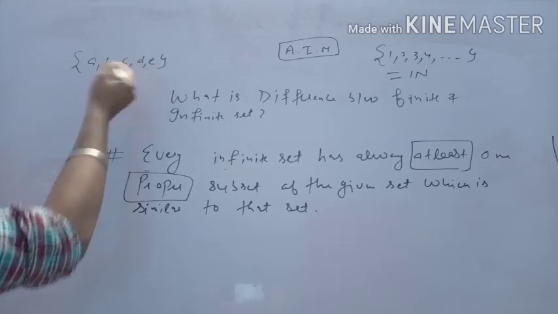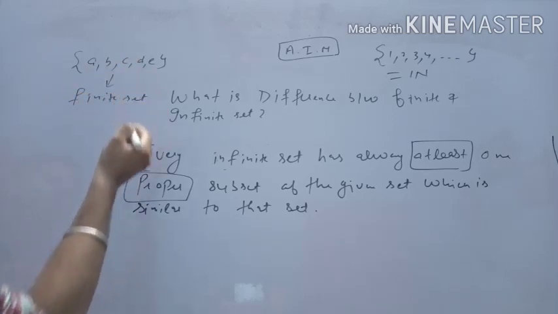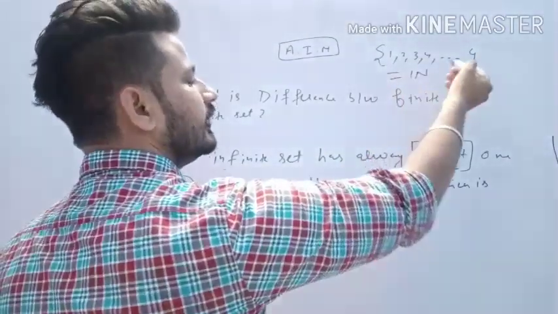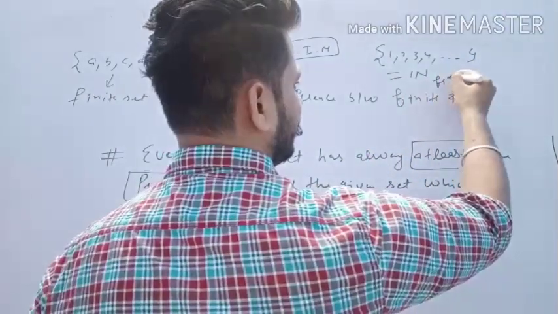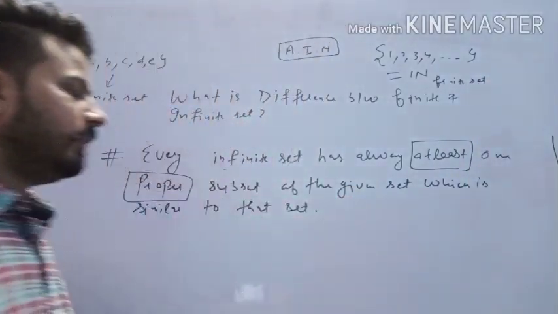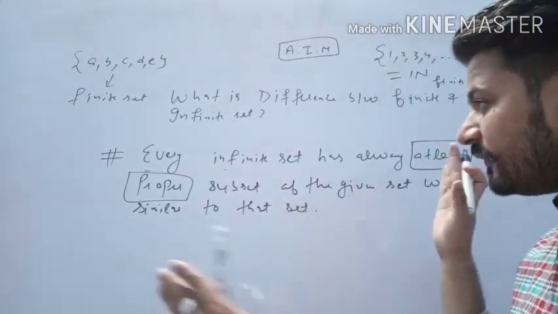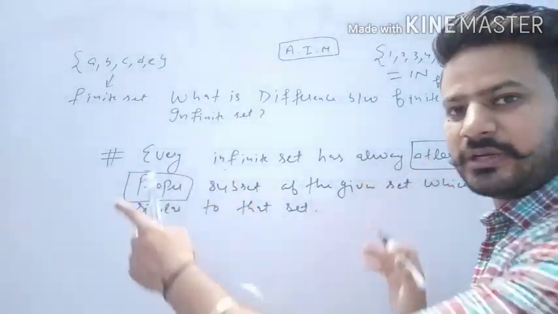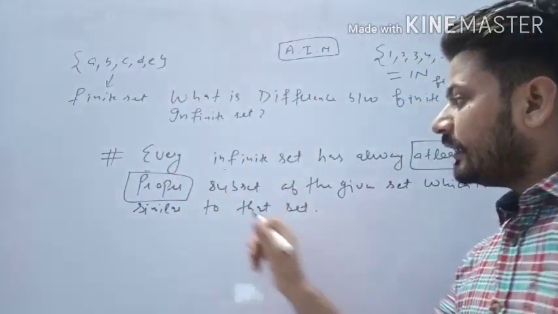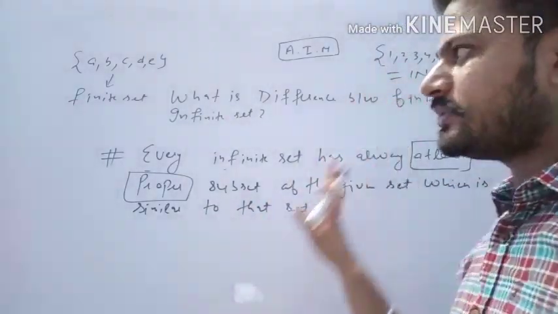Clearly this set has finite elements, so it is a finite set, and this set contains infinite elements, so it is an infinite set. But by this result we can see the actual difference between finite and infinite. This definition only holds for an infinite case, not a finite case.